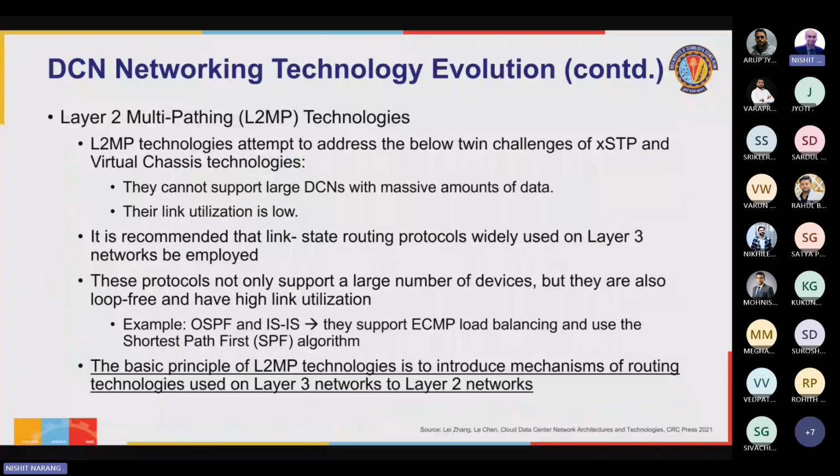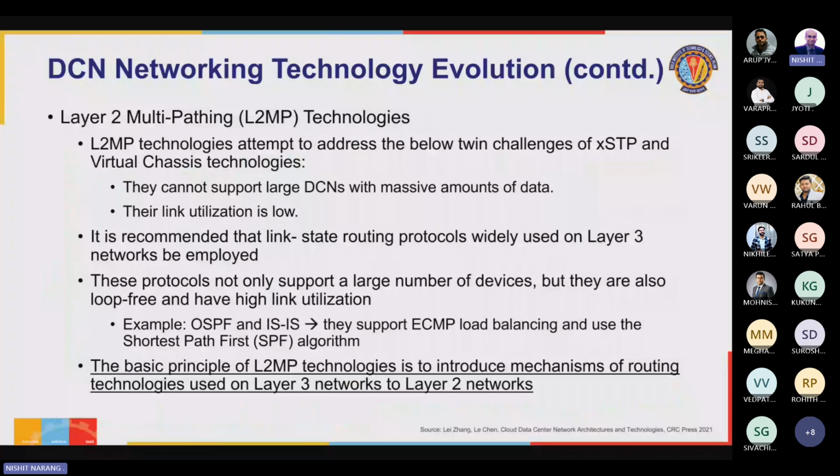Can I not also use the same logic and bring in a routing protocol at layer 2? Yes, it is unheard of. Nobody has done it in the past, but what stops it? So that is the basic ideology behind layer 2 multipathing technology.